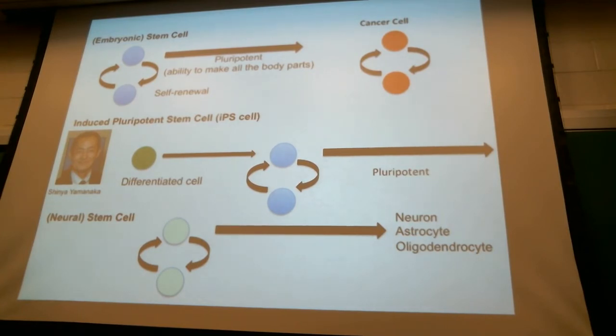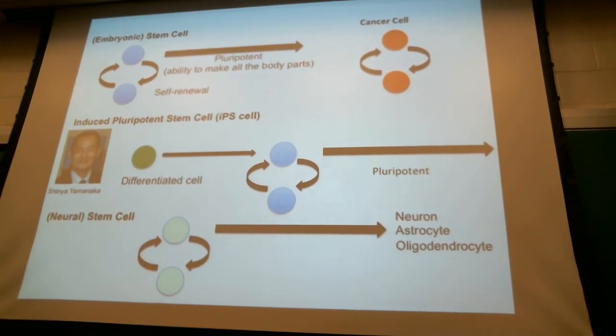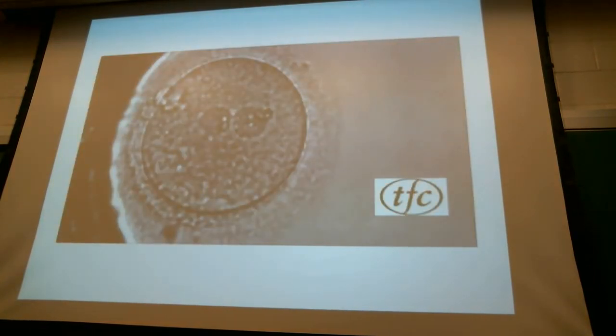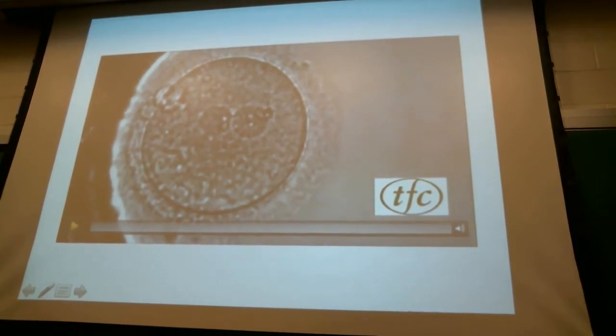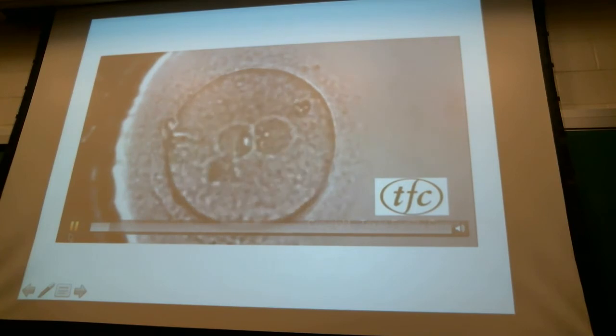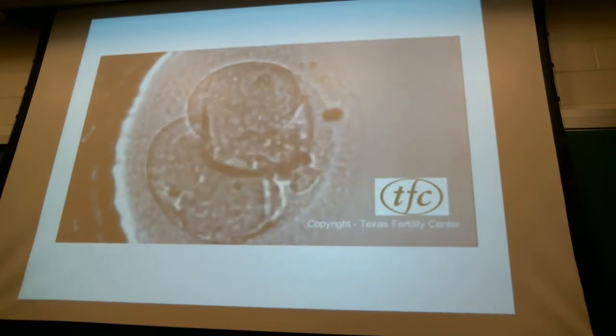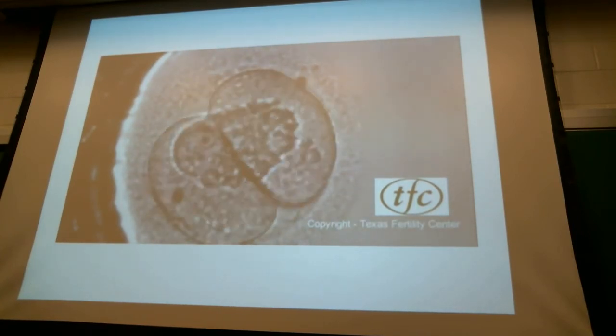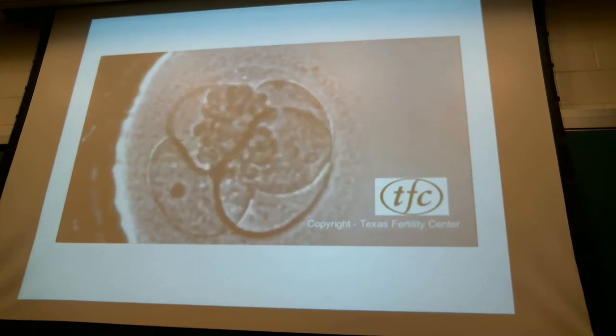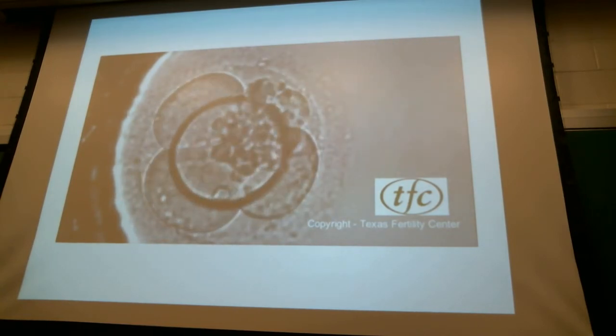So that was the stem cell topic. And like I said, we all start from one cell, so I'd like to show a video of how we start our life. So this is the one cell that we start from. So you can see the cell division very clearly.